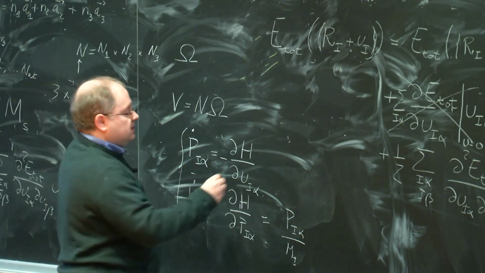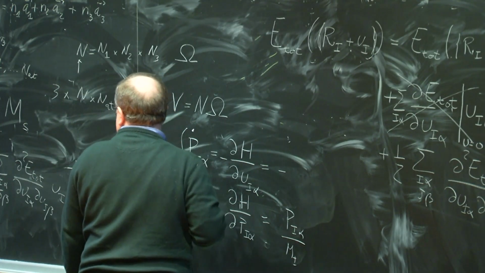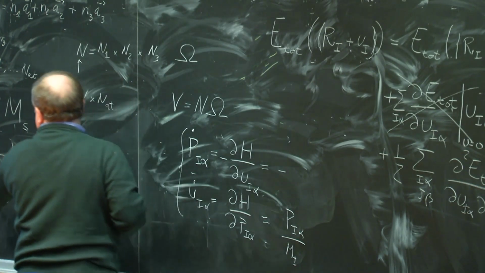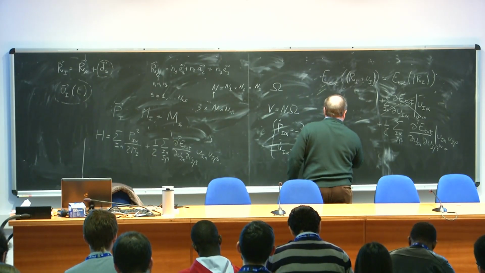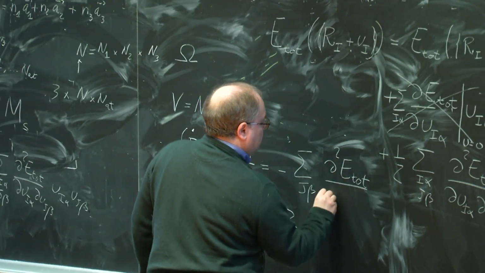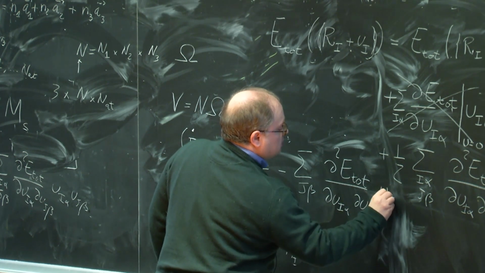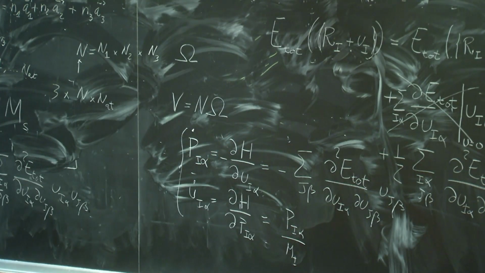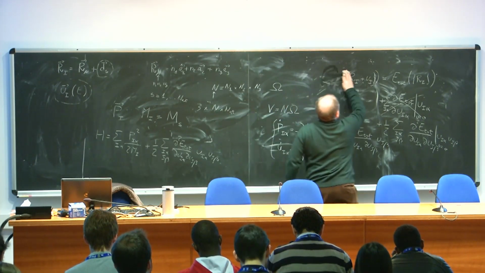And this is minus, we have to do the derivative of this. Here, I alpha, be careful, appears twice. It means that these two terms will appear. So we have the sum over J beta of the second derivative of E tot over dU I alpha dU J beta, times U J beta. And so we obtain our classical equation of motion.